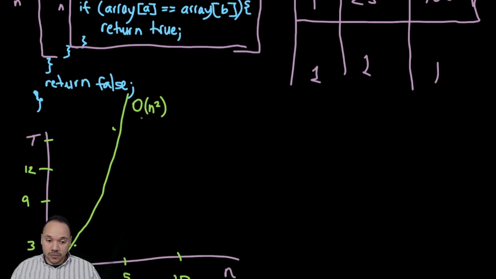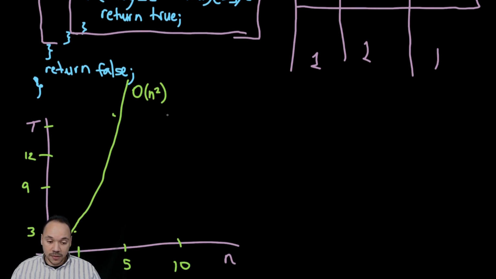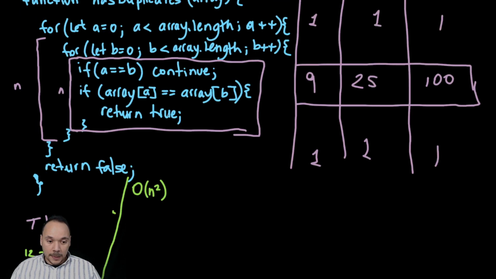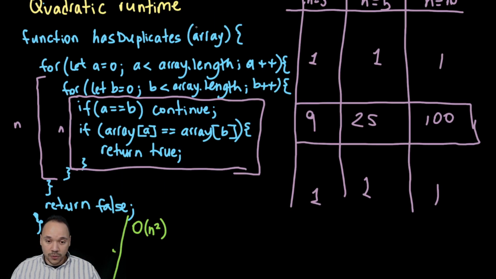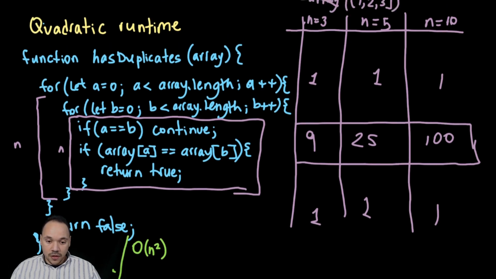As I mentioned, many sorting algorithms have this runtime. Every time you have to go through an array with nested loops, that's likely to be quadratic, even though you could skip some of these.